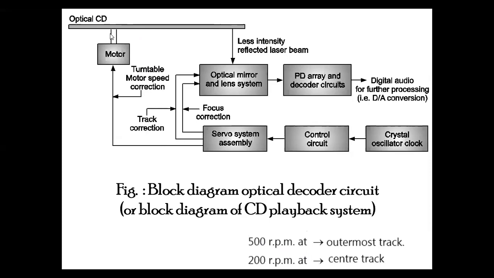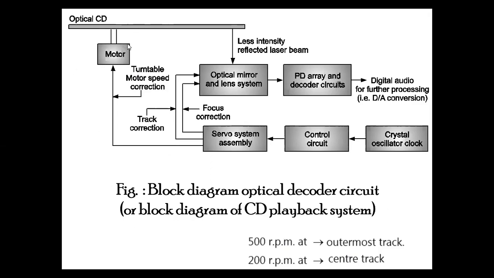The laser assembly on that optical assembly is going to move from the inner track to the outer track, and whenever it is moving from the inner track to the outer track, the motor, which is known as the turntable motor, is rotating that CD at the rate of 200 rpm to 500 rpm from the innermost track to the outermost track. Now, there are two types of motors which are available in the CD mechanism.